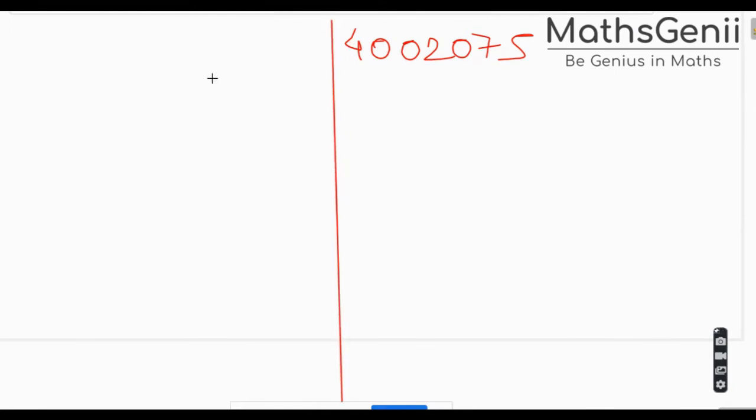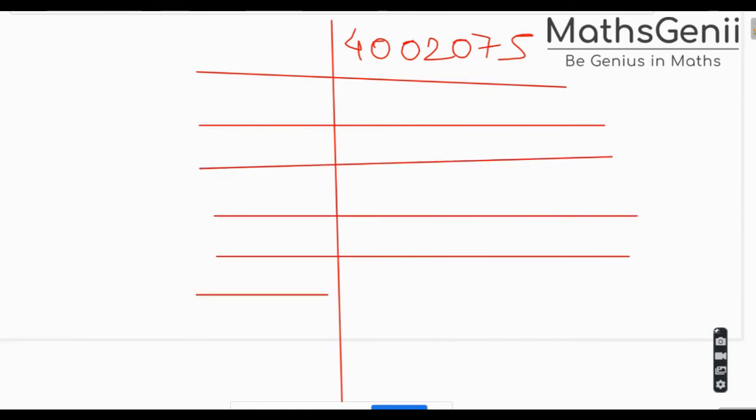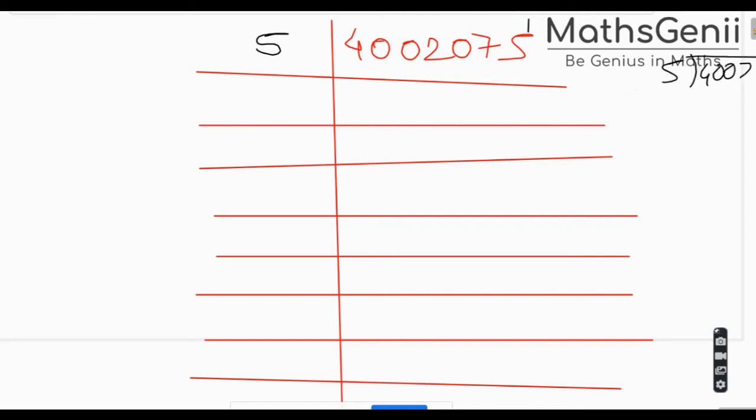This is a big number, so the steps will be much more. Okay, at the end you have 5, so I will start the division with 5. So you can divide like this. Okay, if you want you can always go and divide like this. I am not doing it because I know tables and I can do it orally.